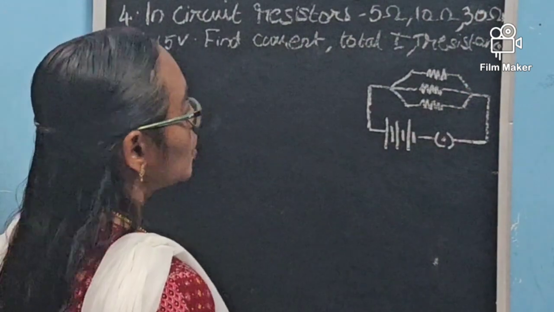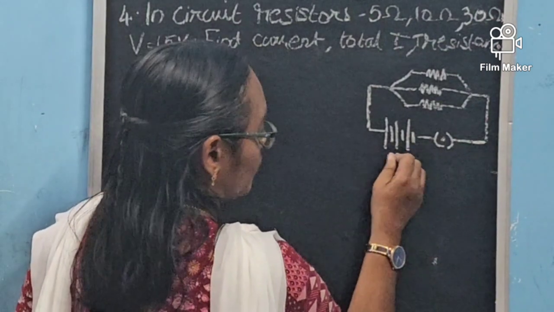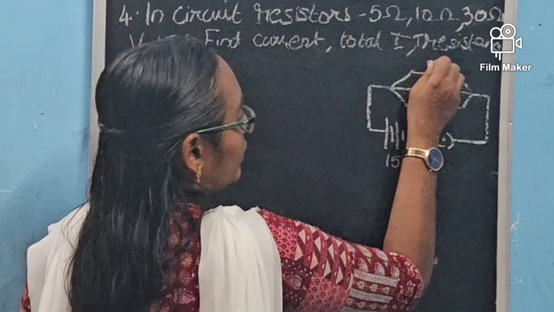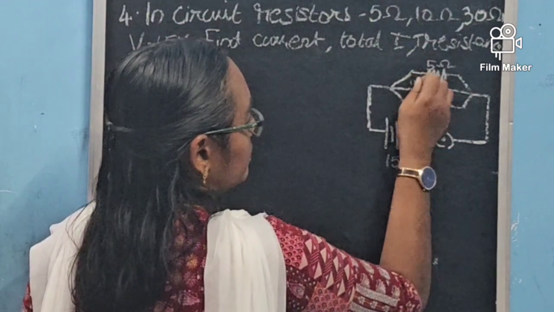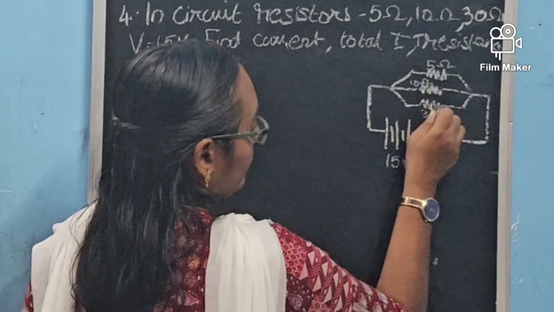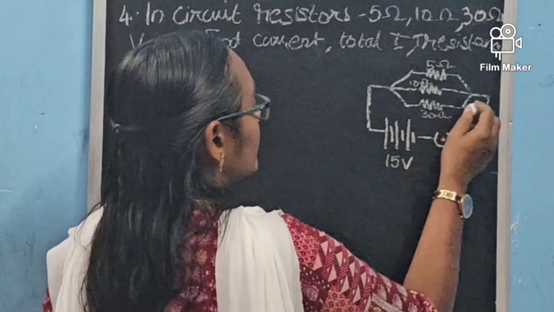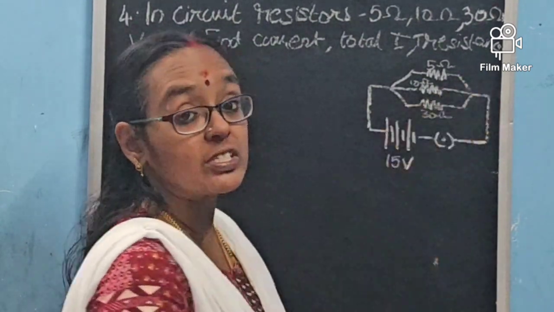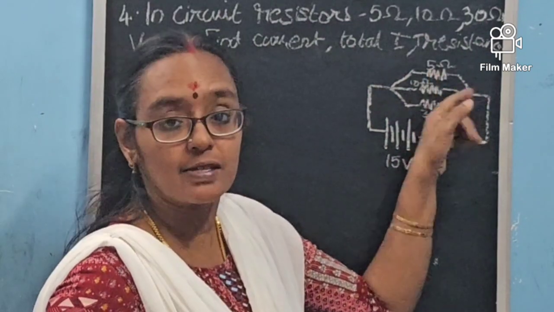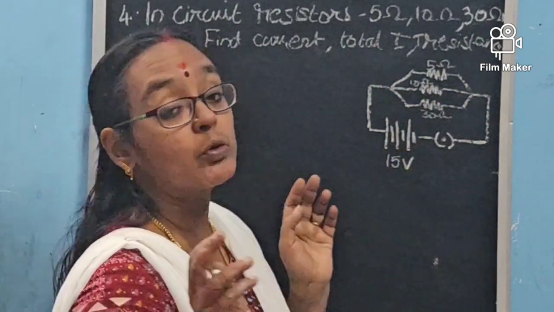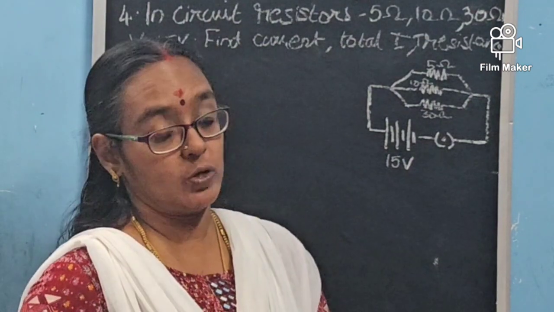It will be joined. So this will be 15 volt and 5 ohm, 10 ohm, 30 ohm are the resistances, and the current will also vary. The current coming out from each resistance will be different.